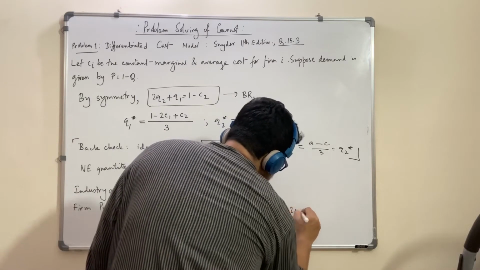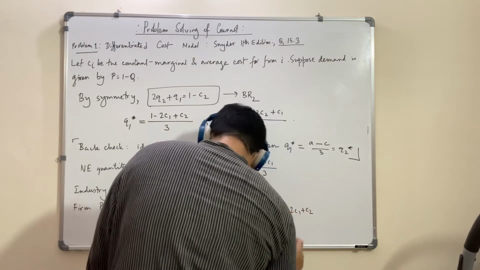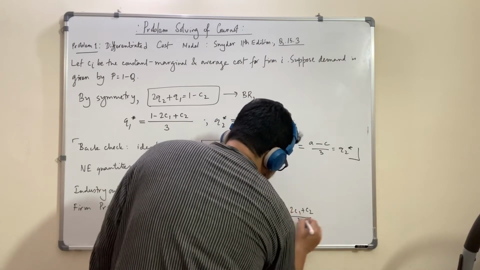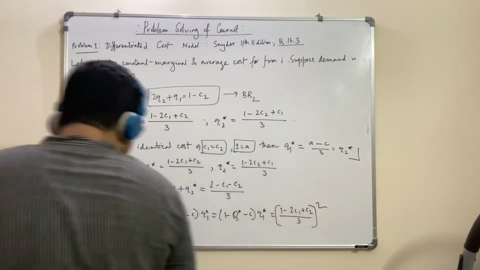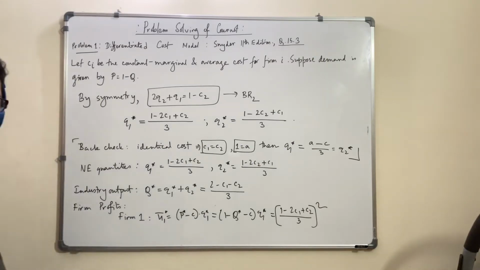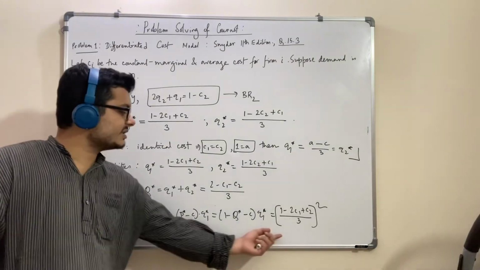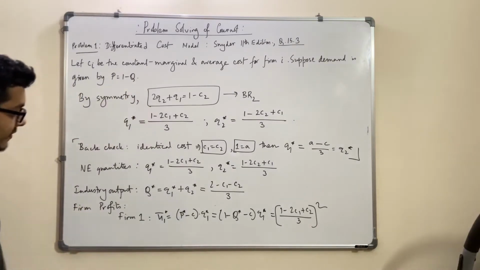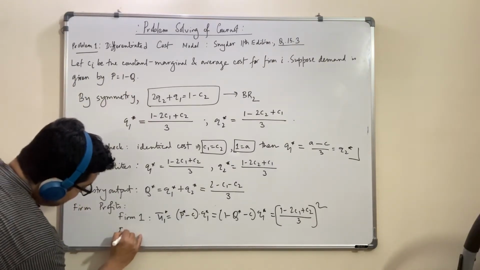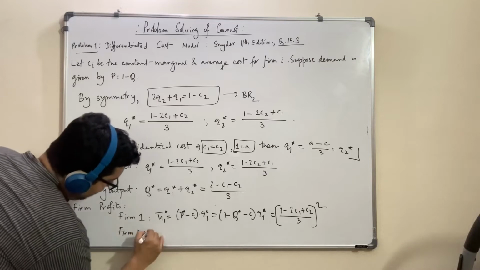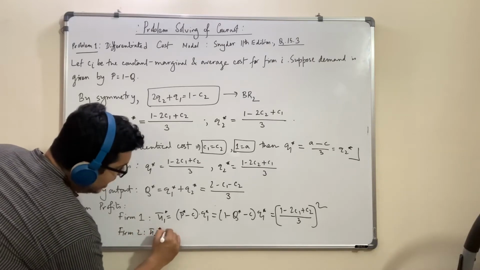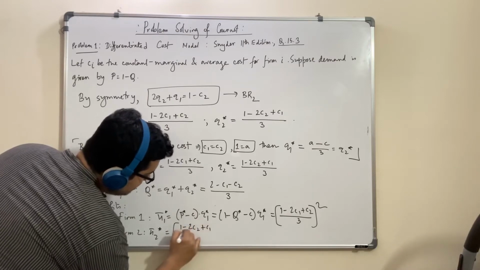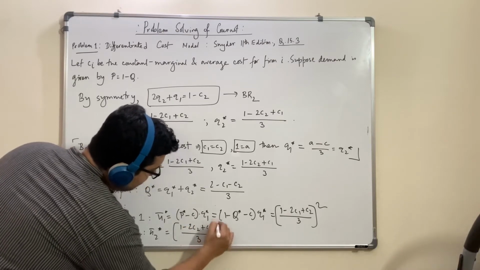(1 minus 2C1 plus C2) by 3, whole square. Okay. And as you know, if this is the profit of firm 1, then by symmetry for firm 2, you just exchange the notation. So pi 2 star will be (1 minus 2C2 plus C1) by 3, whole square.